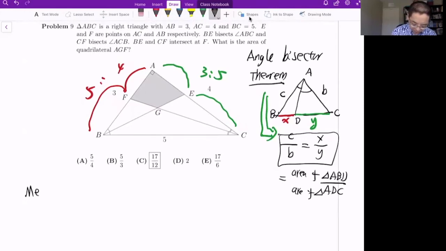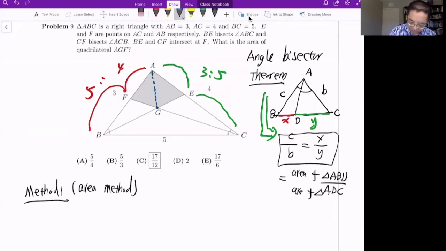Method 1 is based on areas. So this is just the area method. What we do is divide along AG.